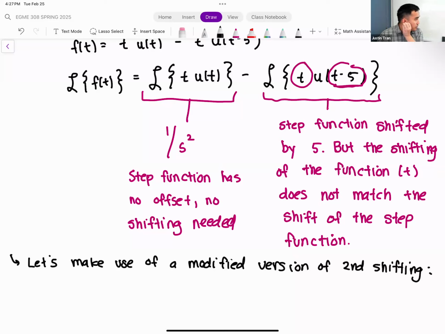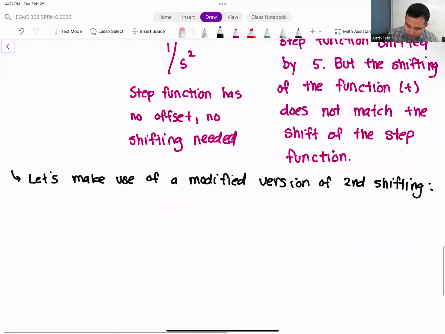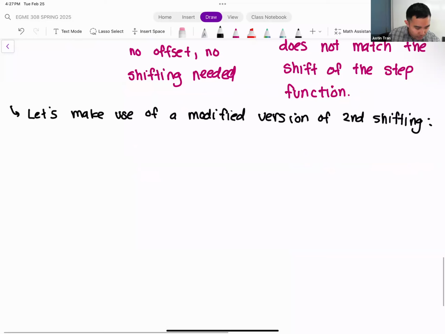So this is the same second shifting theorem. It's just that we're moving the terms around a little bit to make it more convenient. You can derive this version from the original one. It's just more convenient to apply in situations like this. So the modified version looks something like this.